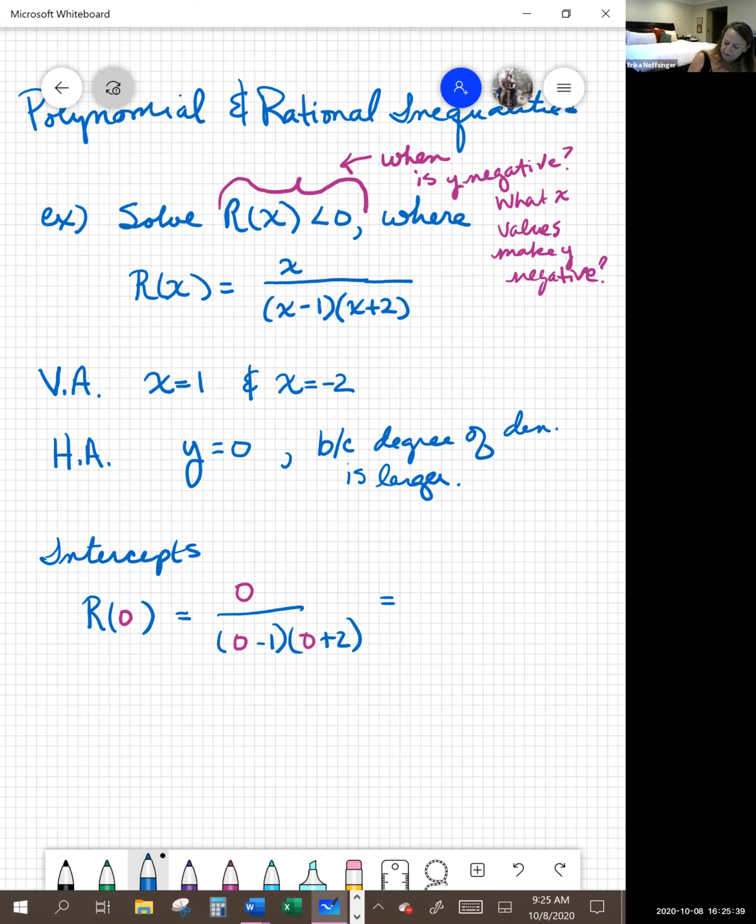This is 0 over negative 2, which is 0. I can see that my equation is equal to 0 for the y-intercept when x is also 0, which makes sense because it's the origin. Clearing the fraction, we get x equals 0.